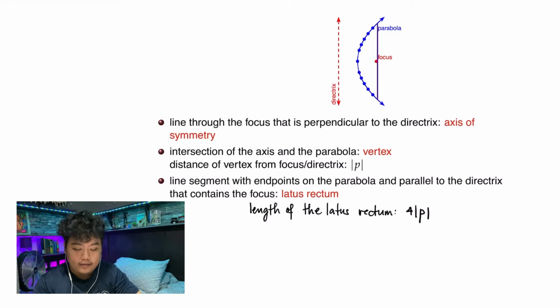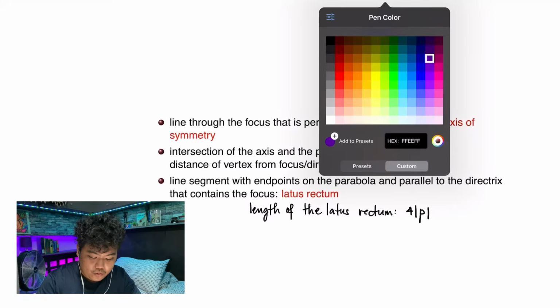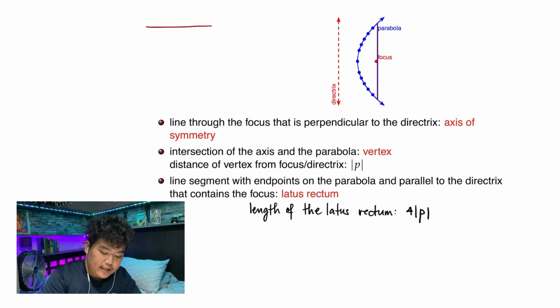Okay. And gusto ko lang ma-observe ninyo ay yung orientation ng parabola, nakadepende siya kung nasan yung directrix and the focus. In this example, you have the directrix and the focus to the right of the directrix, and your parabola opens to the right. So, it means kung yung directrix mo is this horizontal line and your focus is below the directrix, your parabola will open downward.